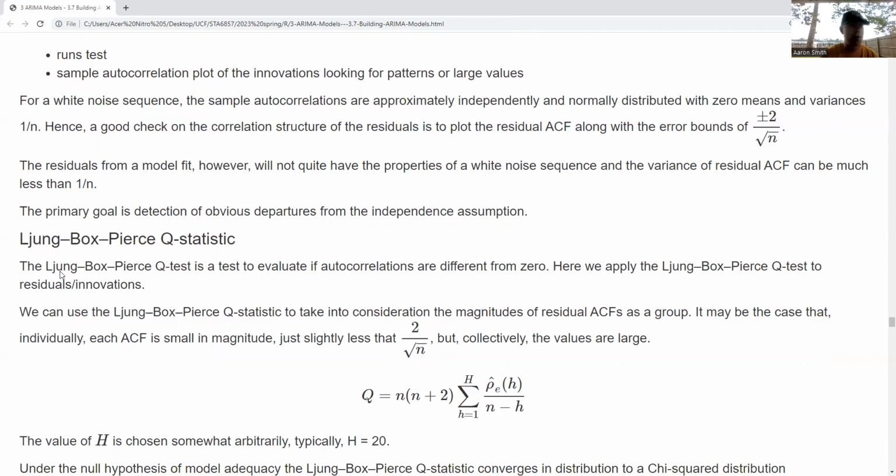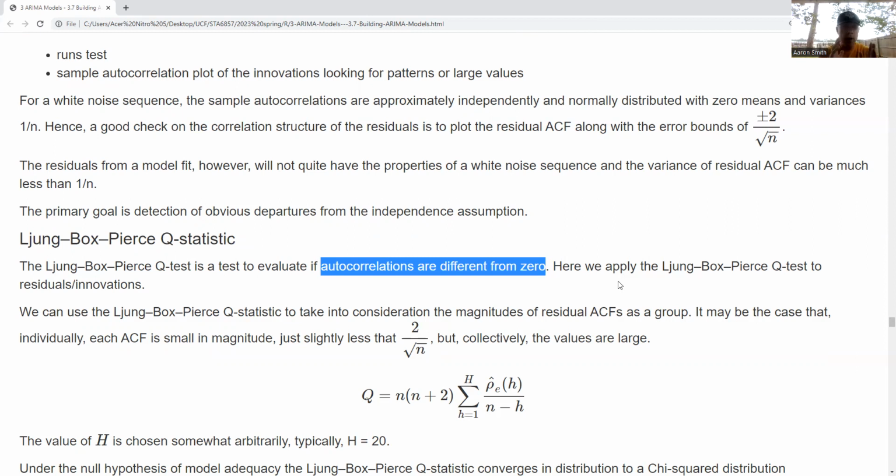All right, so now let's take a look at this hypothesis test. What we want to do is evaluate if autocorrelations are different from 0. For this step, when we're looking at the autocorrelations, we're going to be applying this to the residuals or innovations, because that's what I want to look at.